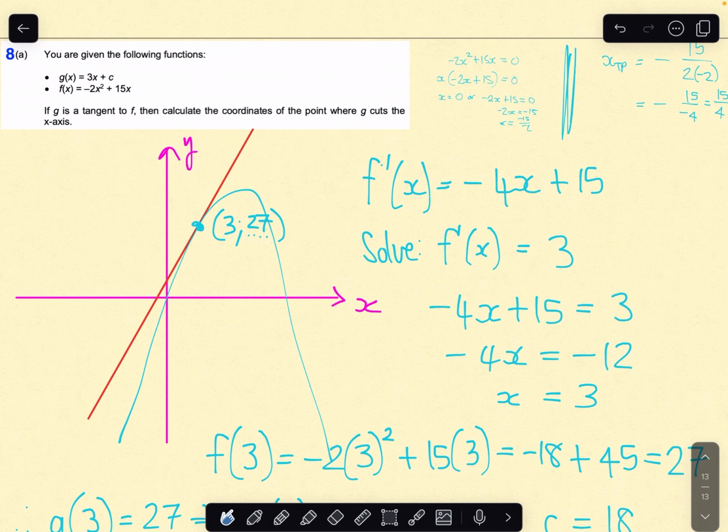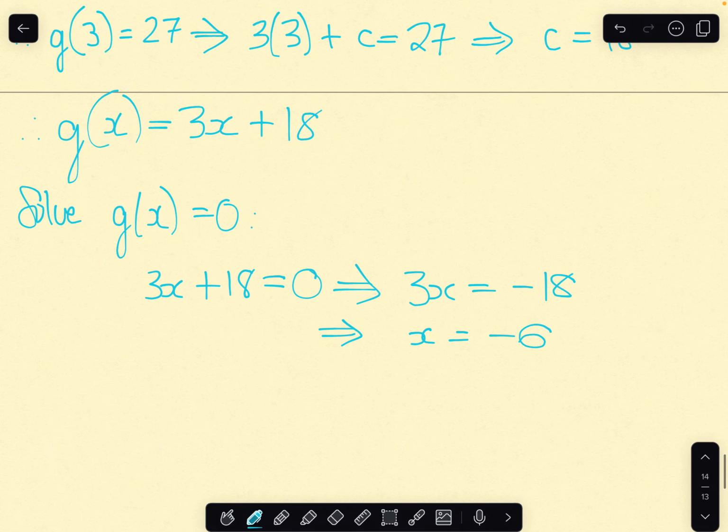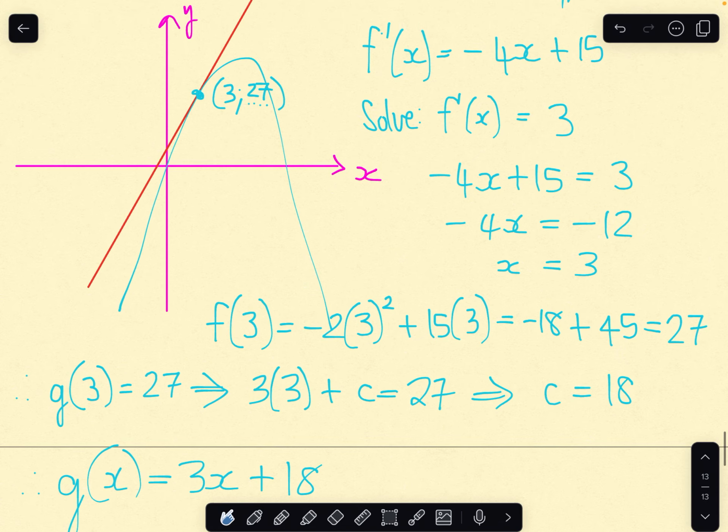And where does it cut the x-axis? So x will be negative 6 and y will be 0. My sketch kind of agrees. At least I got the idea that it's on the left hand side of the x-axis, so hey.